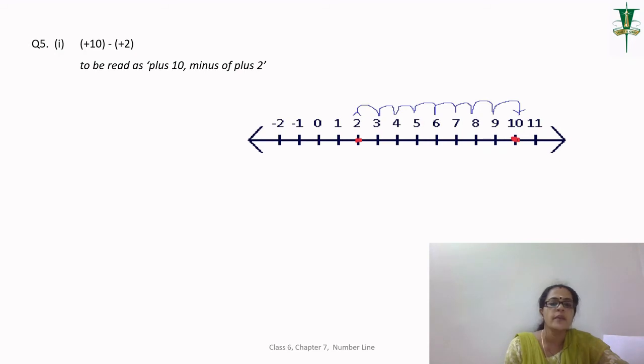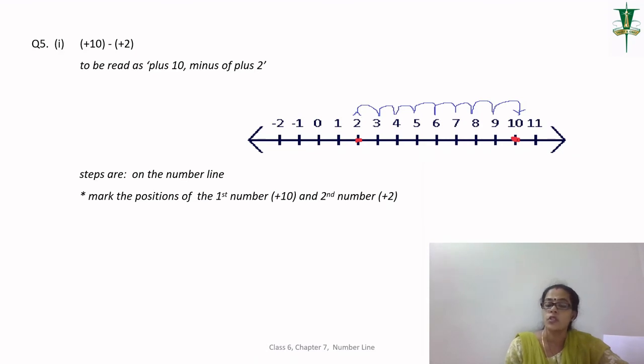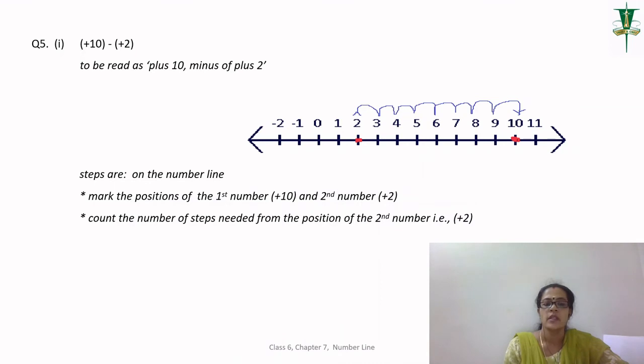Create your number line, and for subtraction you must indicate the given numbers on the number line first. You must highlight those numbers. Plus 10 is the first number and plus 2 is the second number. Let's mark the positions of the first number and the second number. Then next step is count the number of steps needed to reach position 1 from position 2.